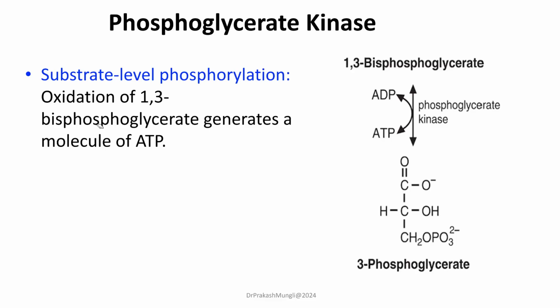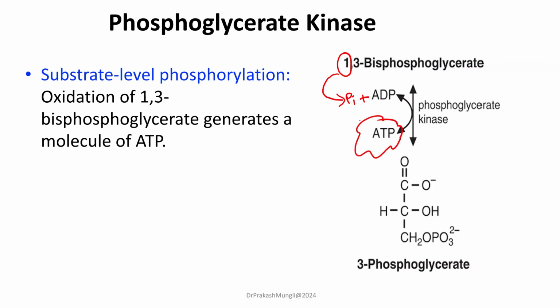It had that high energy phosphate bond, and you're going to remove that now. You just take that high energy phosphate bond from the first carbon and you incorporate that with ADP, and that's how you generate ATP here.